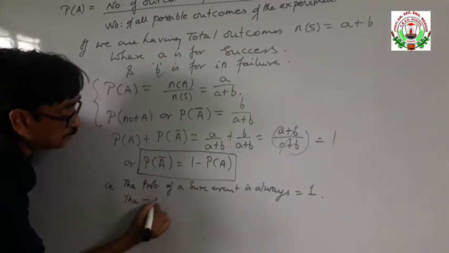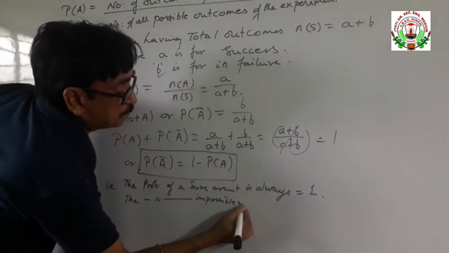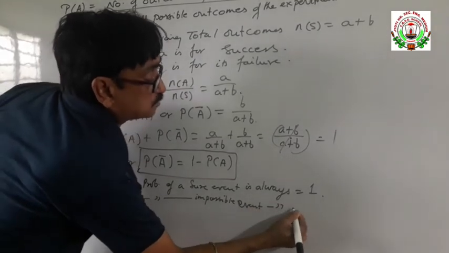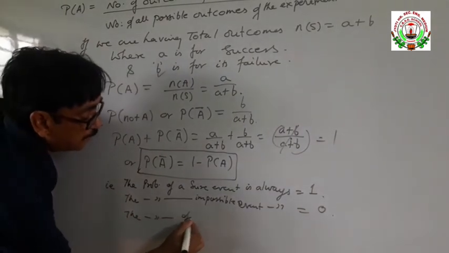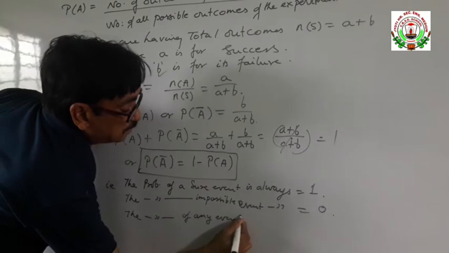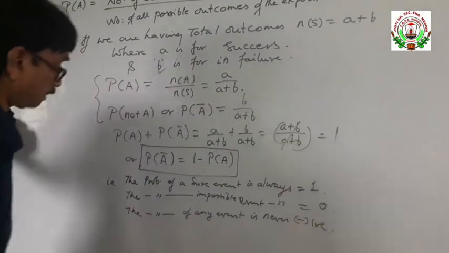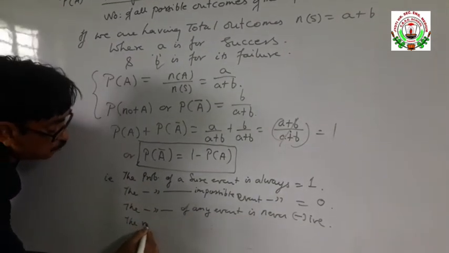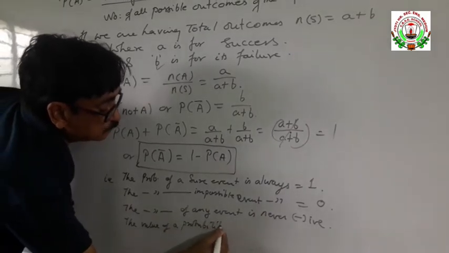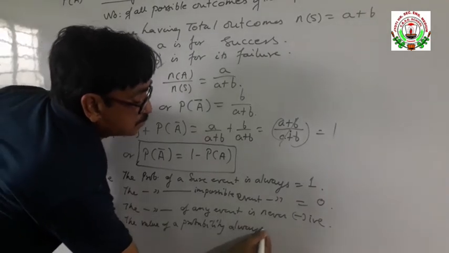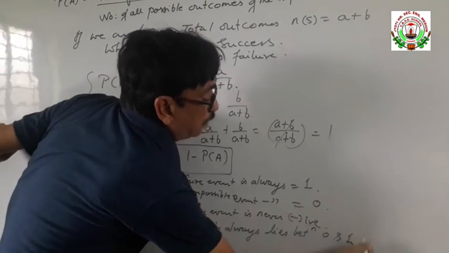The probability of an impossible event is always equal to 0. The probability of any event is never negative, and the value of a probability always lies between 0 and 1.